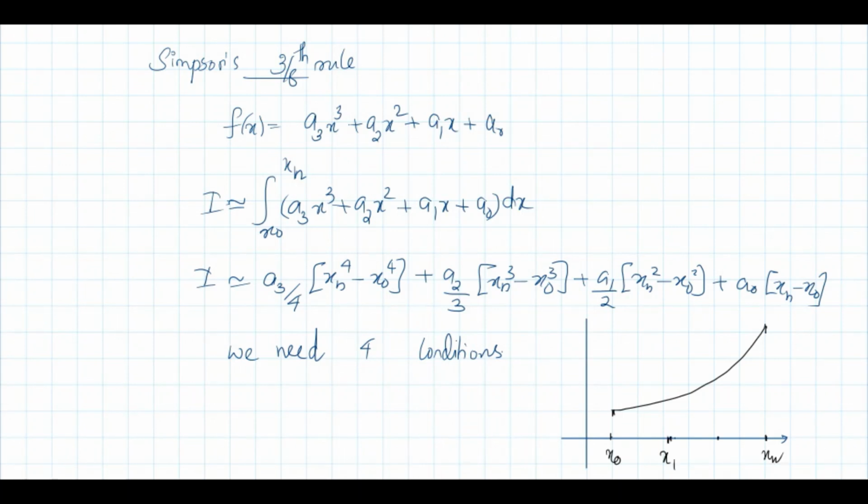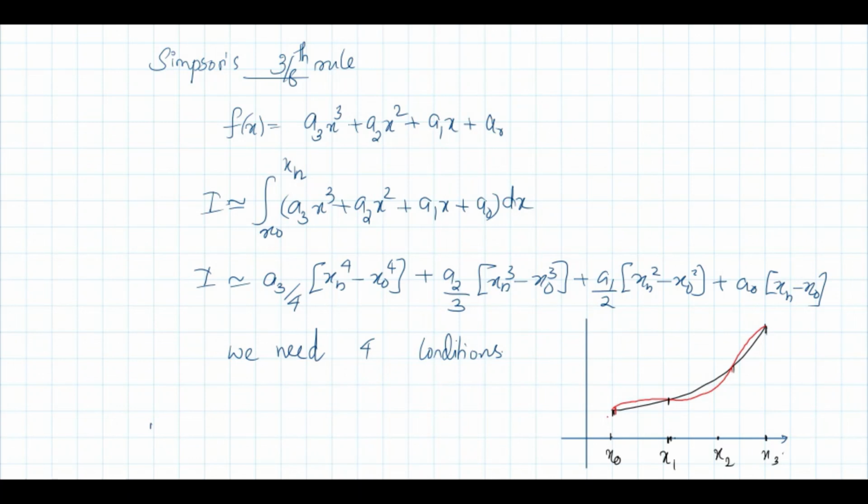Here you have x1, here you have x2, and argue that the cubic polynomial should pass through these 4 points: x0, x1, x2 and xn. Or if you have only 3 segments, then it will be x0, x1, x2, x3. If you equate the function value and this cubic polynomial value at these 4 points, you will get 4 linear equations. You can solve using Cramer's rule and find a3, a2, a1 and a0.